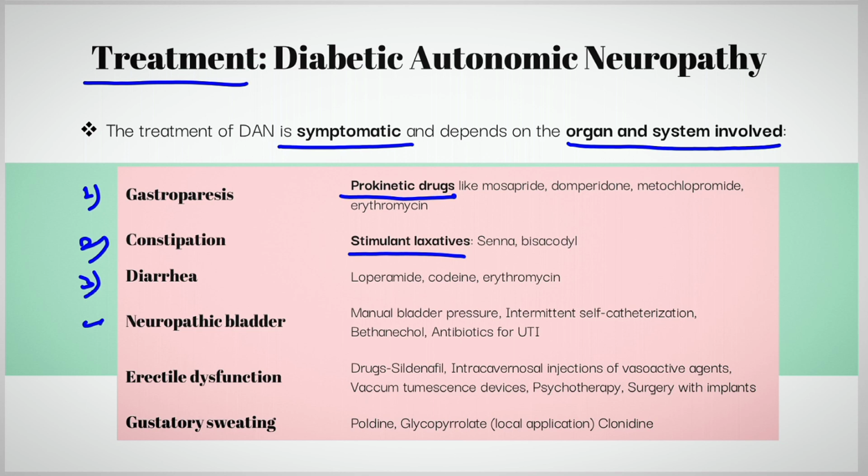For neuropathic bladder, manual bladder pressure application can be done, or intermittent self-catheterization can be done. For erectile dysfunction, drugs like sildenafil can be given. Apart from that, a few other methods are there, like intracavernosal injection of vasoactive agents, vacuum tumescence devices, etc. For gustatory sweating, medications like propantheline, glycopyrrolate, and clonidine can be given.